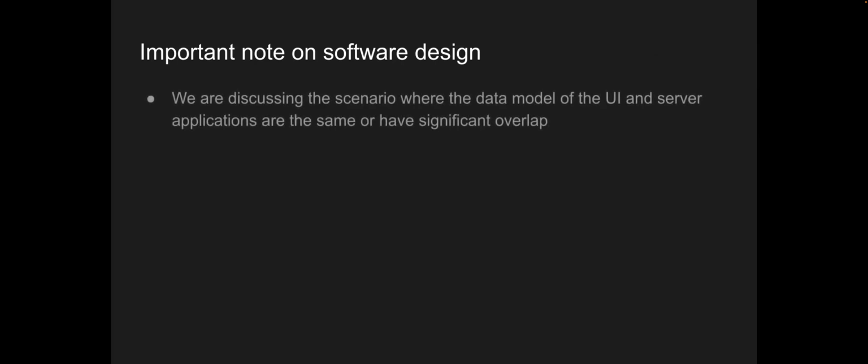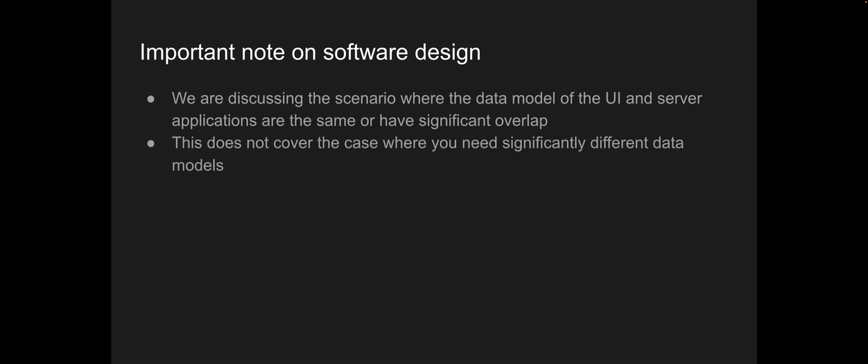Now, I do want to make a really important note about software design here. I am specifically talking about the scenario where the data model of the UI and the server applications are almost identical, or at least if you imagine a Venn diagram, have serious overlap. There are scenarios where you might use slightly different data models, but this is not necessarily the audience that I'm talking to, right?